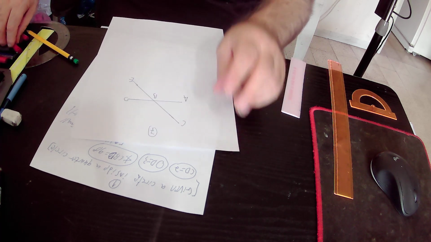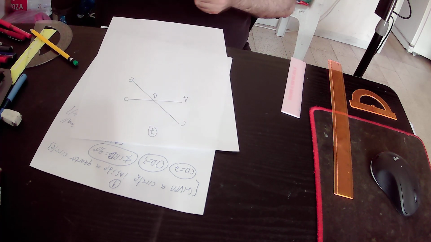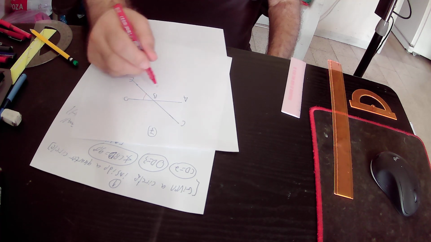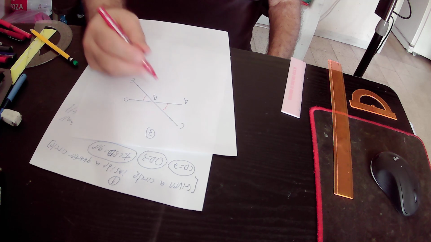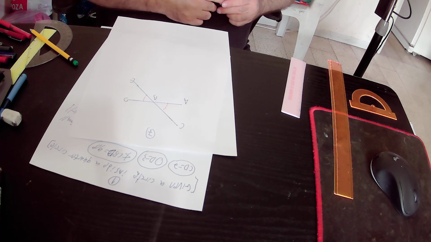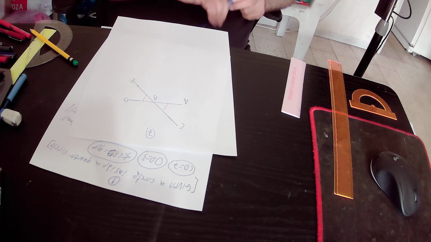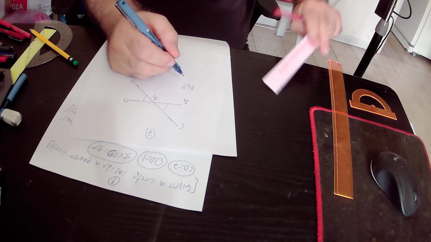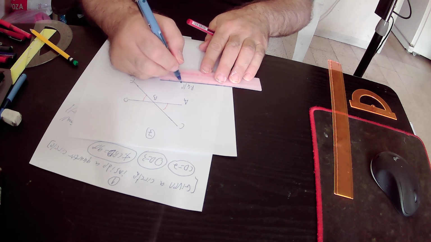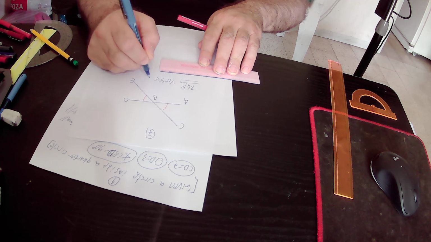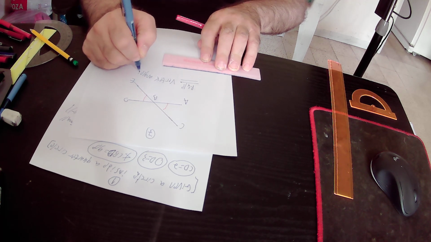Actually, angle EBO and angle ABC are two vertex angles, and we have a rule that states that vertex angles are equal to each other.